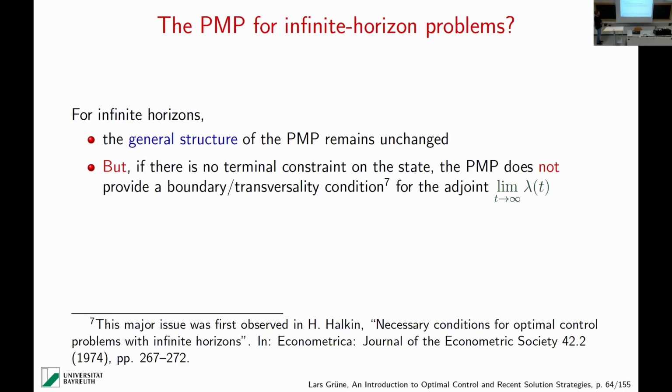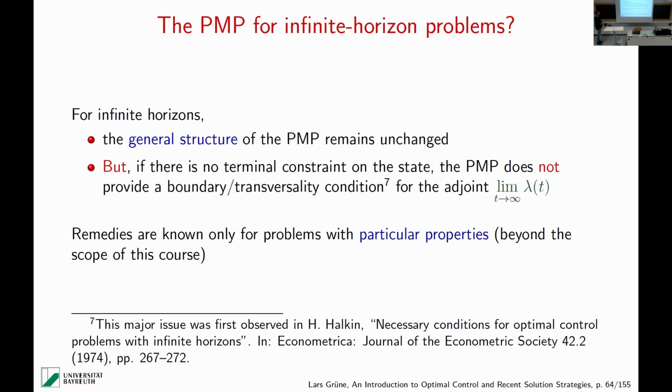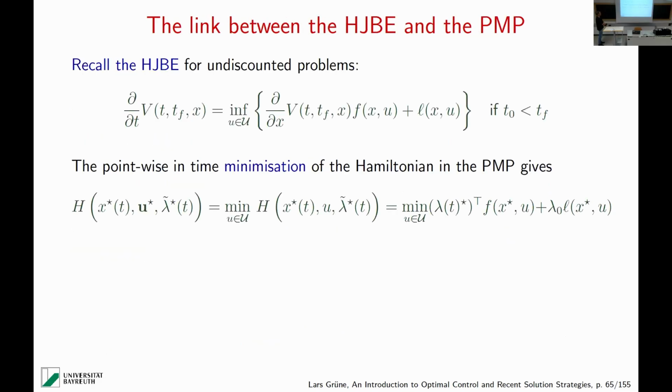Recently my co-author, Tim Faulwasser, who did some of these slides, was able to come up with a solution that solved this for some optimal control problems, not for all of them. He identified certain properties that allow us to define the boundary condition at infinity. But this is beyond the scope of this course to explain. If anyone is interested, I can give you more details.